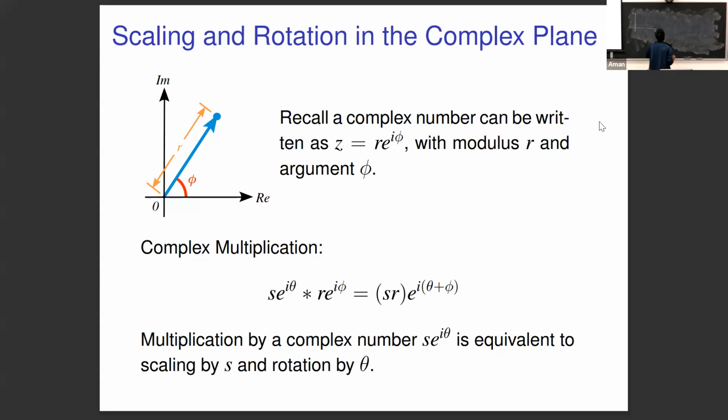Any point here is written z. Let's consider that the point is called z, right? So z here, as we know, is just r e to the power i phi, if this is the angle phi, right?